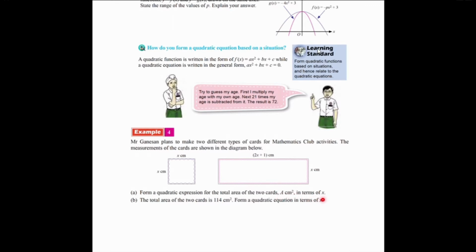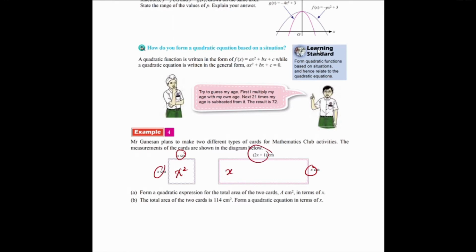Then the question is, form a quadratic expression for the total area of the 2 cards, A cm squared, in term of x. Okay, so first you use what you have learned, write a quadratic expression for the total area. So area of the square, you just multiply x with x, you get x squared. While for the rectangle, you need to multiply x with 2x plus 1.